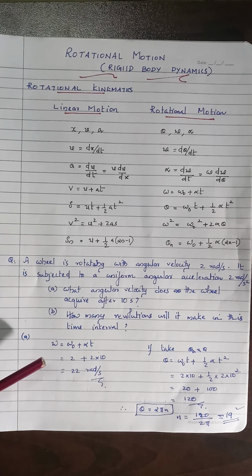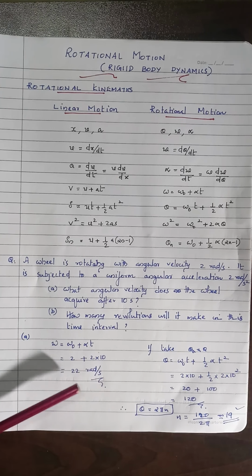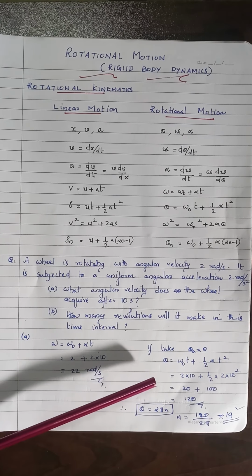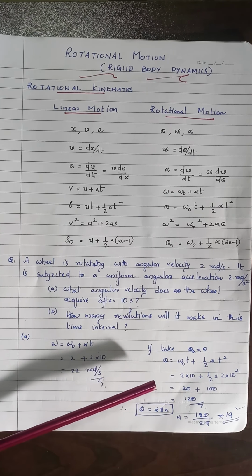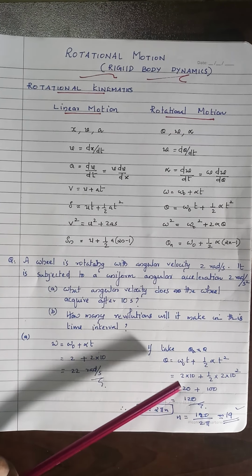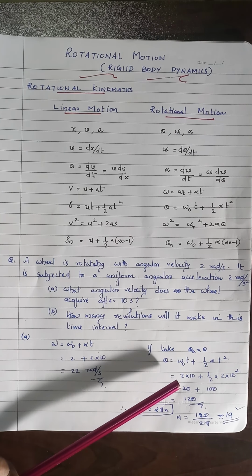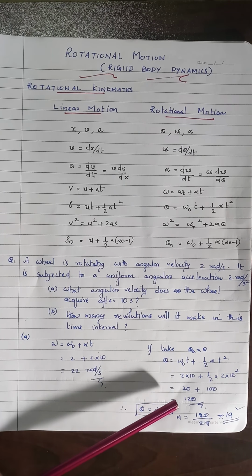We know the angular velocity after a time t is omega 0 plus alpha t, the direct substitution. So omega 0 becomes 2, so 2 plus 2 into 10, you get that value as 22 radian per second. We can find easily the angular displacement after a time t. Simple equation, omega 0 t plus half alpha t square. We get the answer as 120 radian.